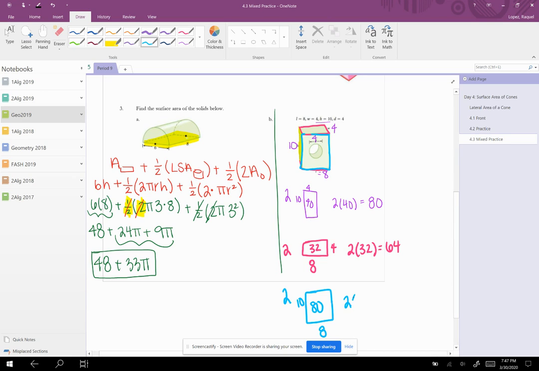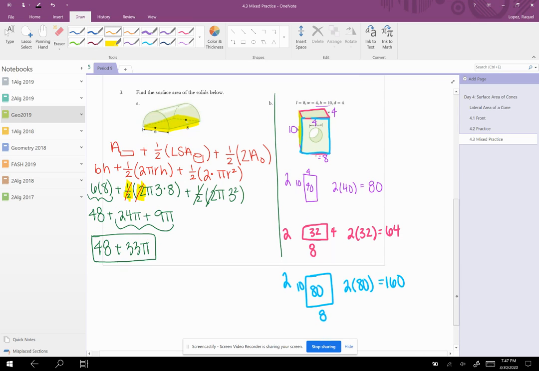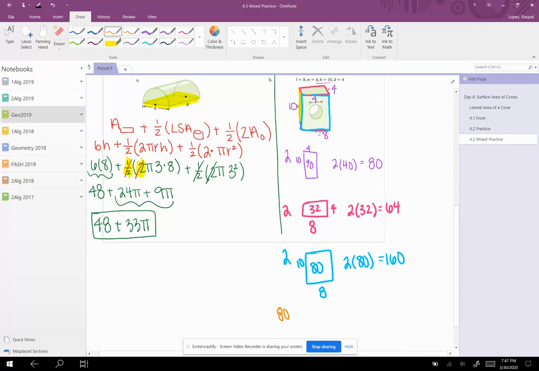But again, I've got 2 of those. So 2 times 80 is 160. So far, your total surface area of this figure should be 80 plus 64 plus 160. And that's going to get you 304. So far, this is our total surface area.